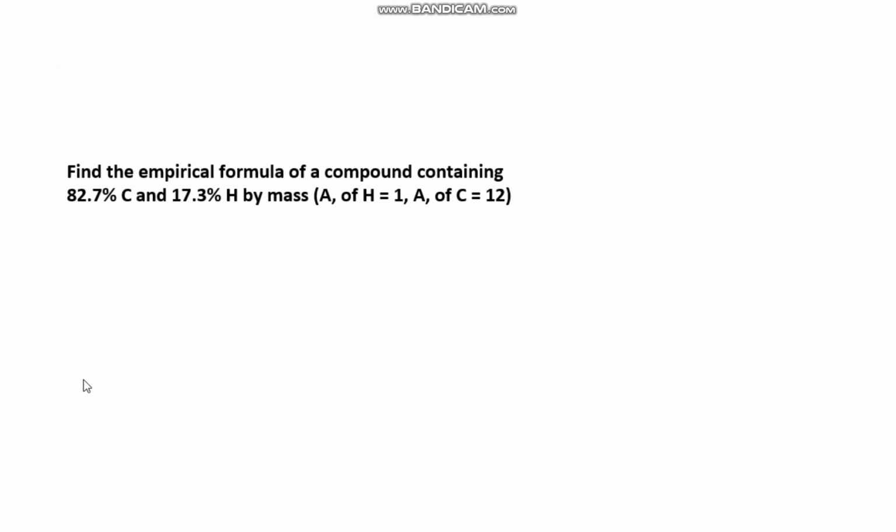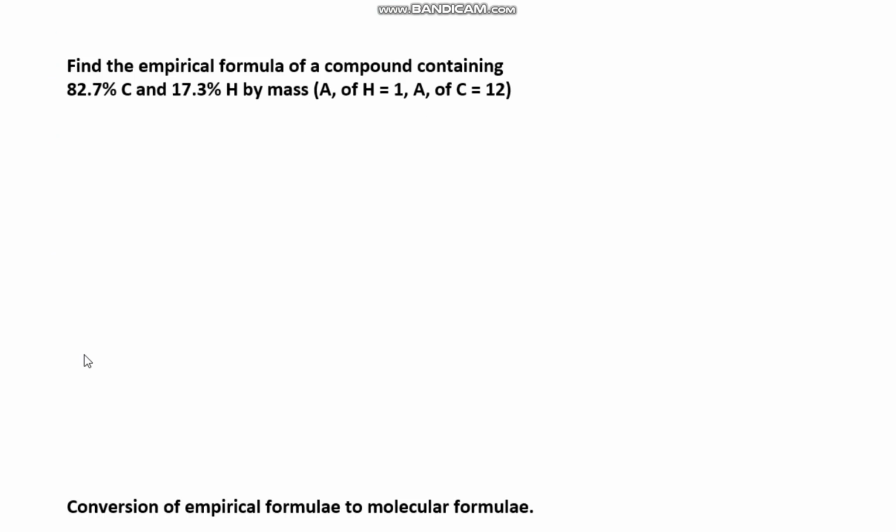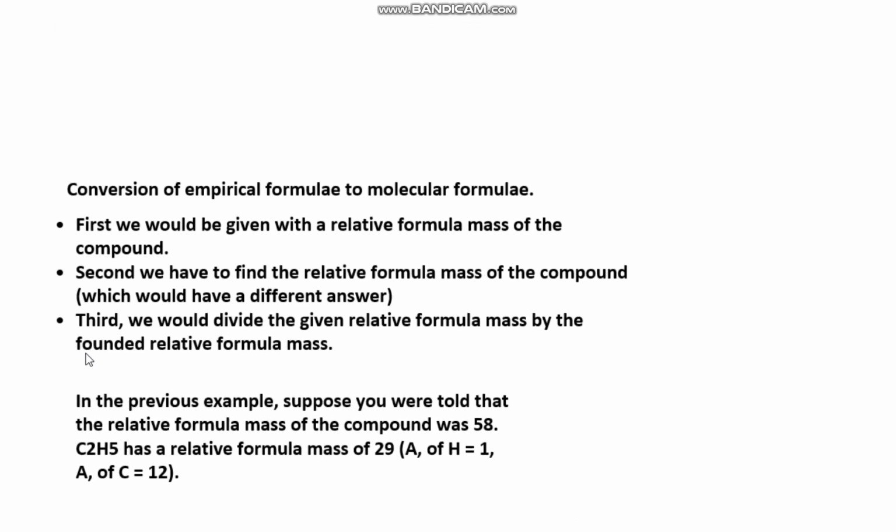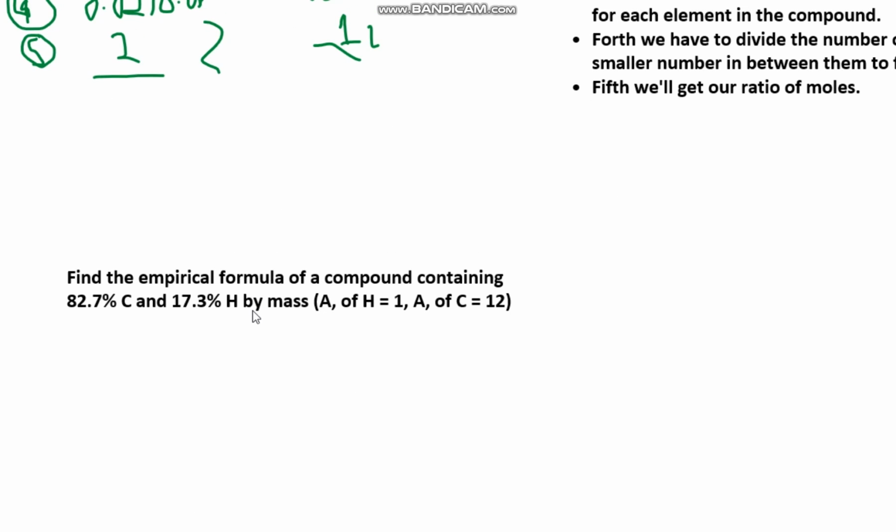And then we have to find the empirical formula of a compound containing 82.7% carbon and 17.3% hydrogen in it.